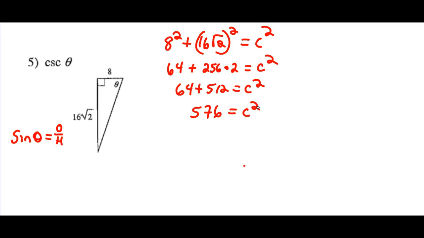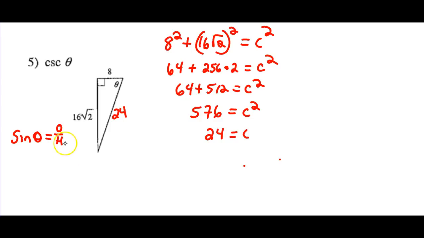And off the top of my head, I don't know if that's a perfect square. Let's see. Alexa, what's the square root of 576? The square root of 576 is 24. Oh, it's 24. What do you know? So there we go. So this right here is 24.